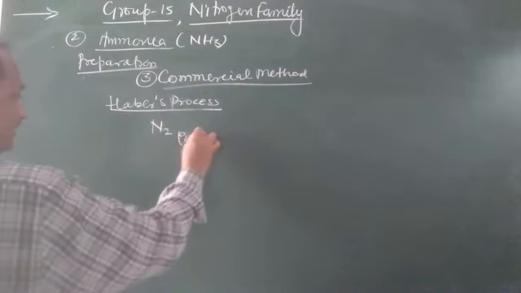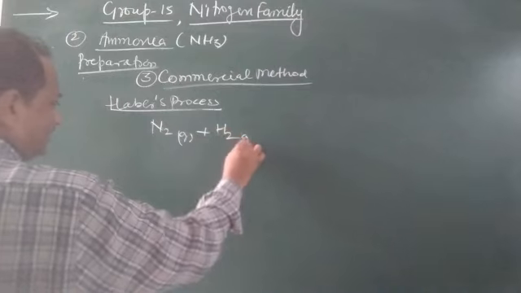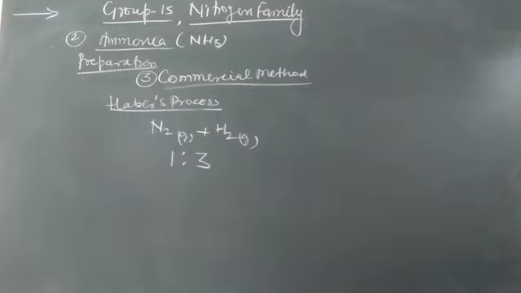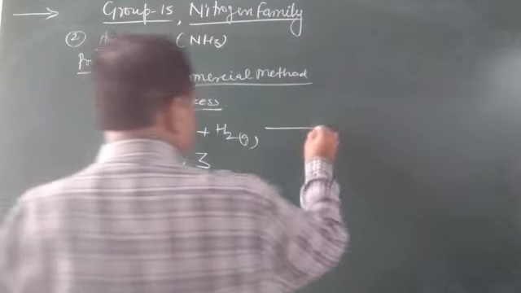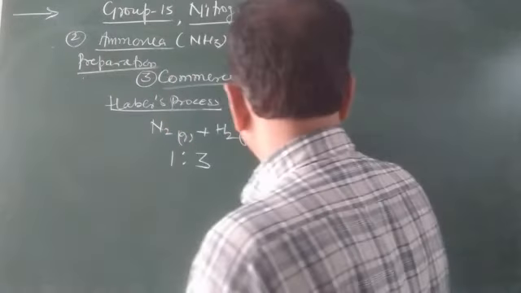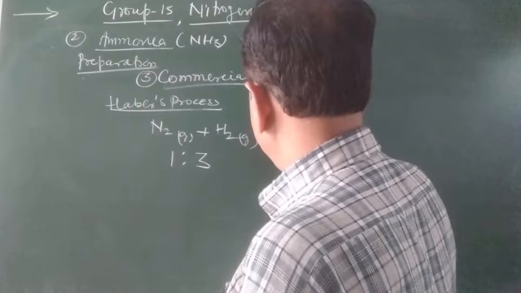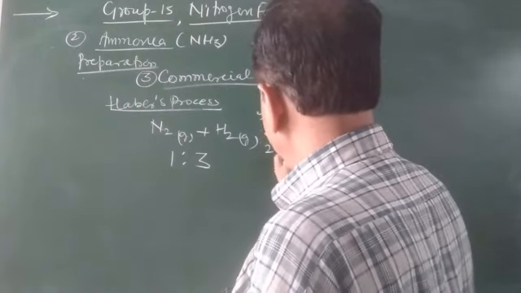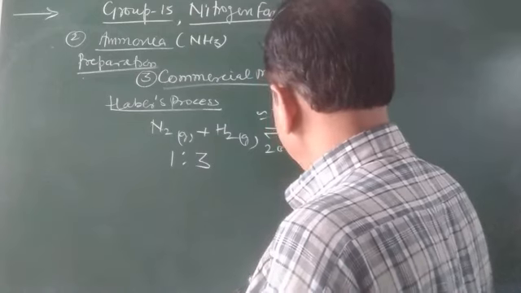Nitrogen gas and hydrogen gas are taken in the ratio of 1:3, at approximately 760 Kelvin temperature and around 200 atmospheric pressure.